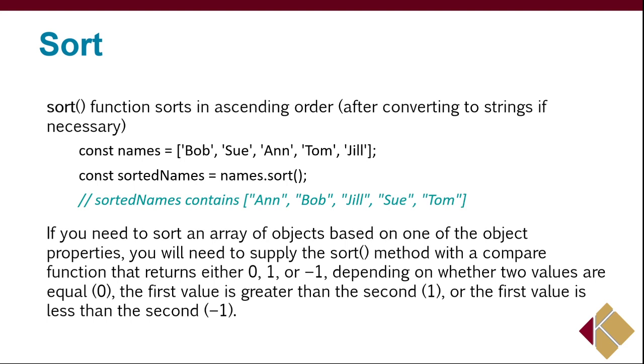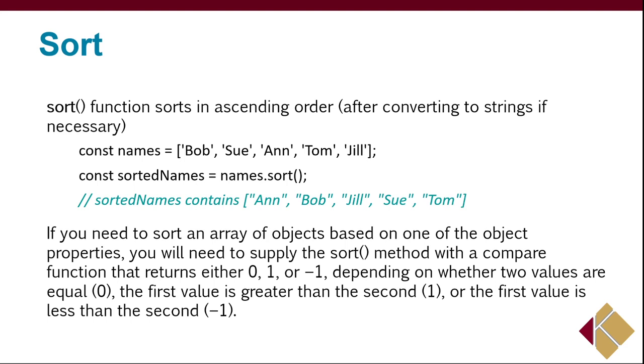Right? And if you need to sort an array based on one of the item's properties, you will need to add the sort method with a compare function that returns either 0, 1, or -1. The way that works is you compare two things, and if they are equal, then it is set to a value of 0.